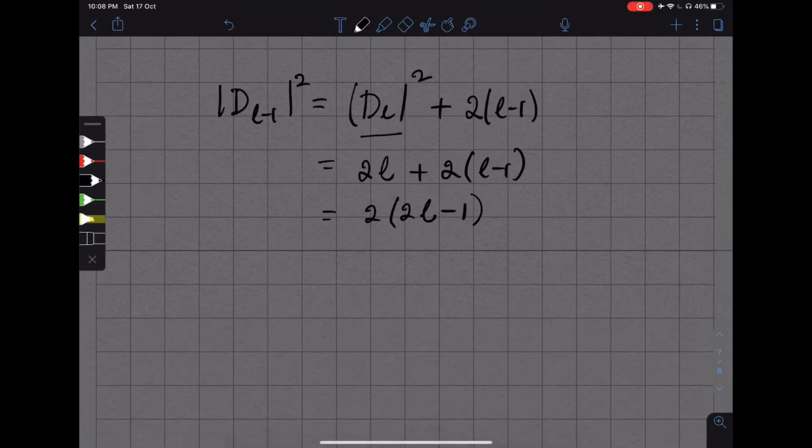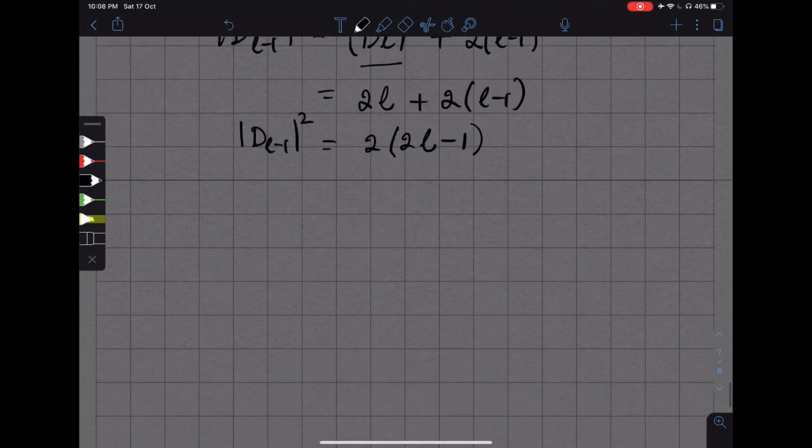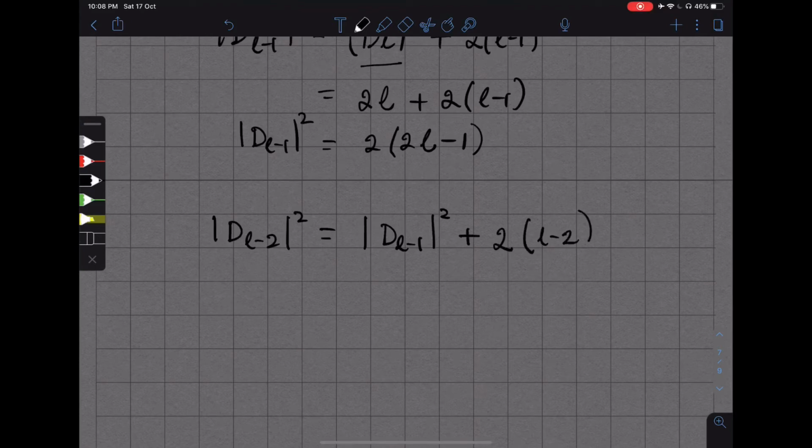So from here, we get the value of D_(L-1) squared. Of course, we can take the square root of this. Similarly, we can find the value of D_(L-2) squared. It'll be given in terms of the value of D_(L-1) squared, and then I get 2 times m, where m is now L minus 2.